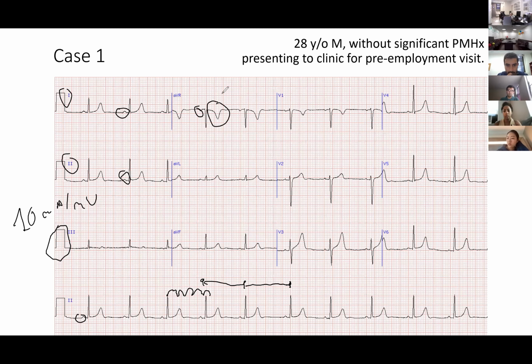Okay. So what else? Now go through each one of the waves and segments and all this. So I'll just do it for you, so that way we see all the cases that I have here. But basically, you see lead 2, we said that you need to make sure that it is positive, right? Then you want to see that in lead V1, the P wave is biphasic, meaning a little bit positive, a little bit negative, okay?